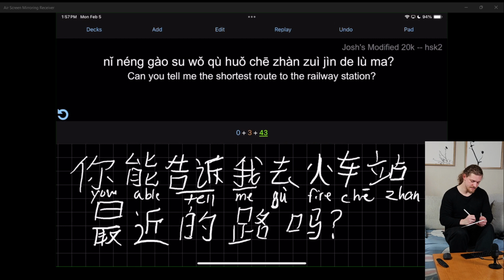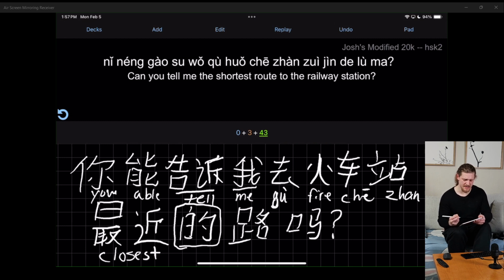So 最近 is the closest. Here in this sentence, it means closest. Now, 的. This word 的 is used for possessive, right? That's also used to connect different words together.